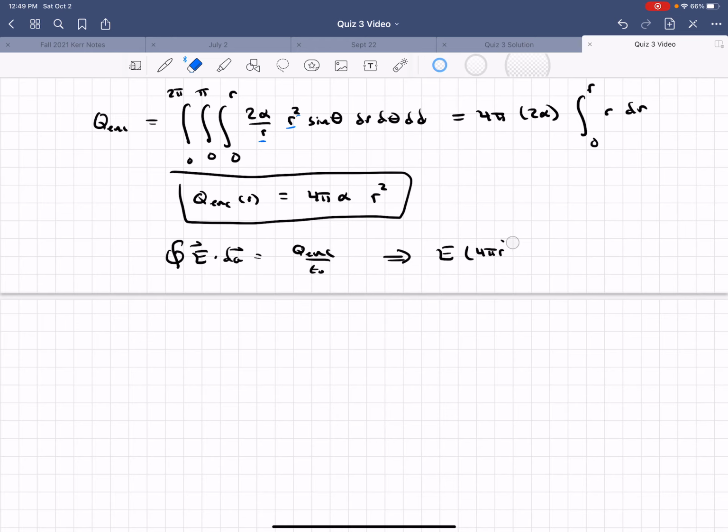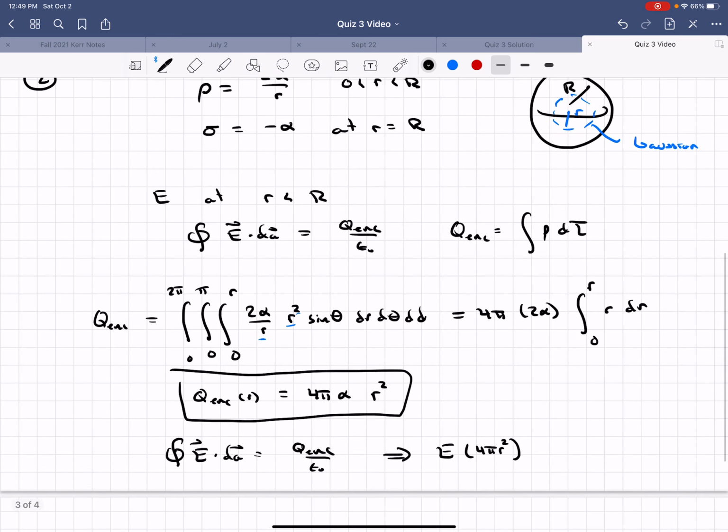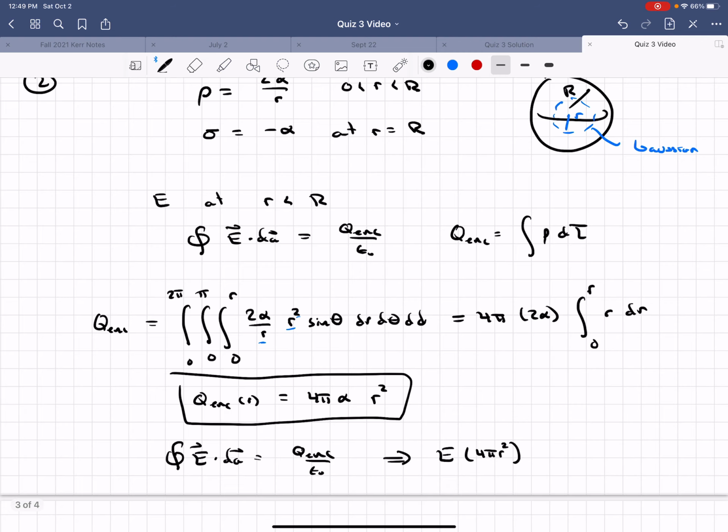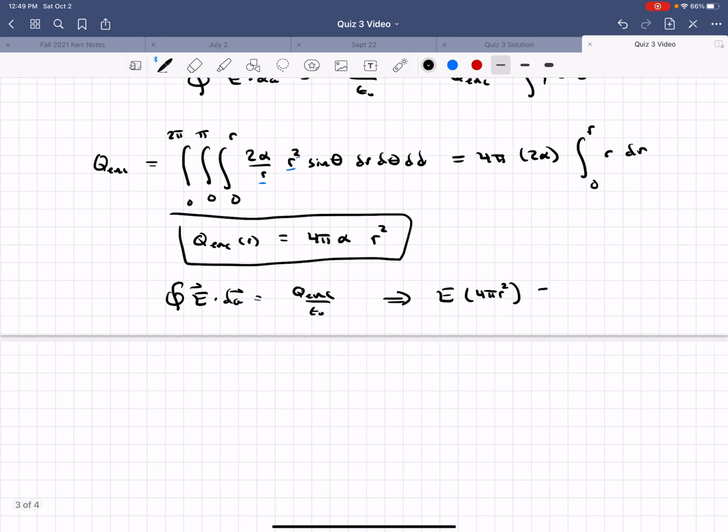The surface area of my Gaussian sphere is 4 pi r squared, because I'm using this blue Gaussian surface at a radius of little r, not the big R. That's my flux integral. On the other side, Q enclosed is 4 pi alpha r squared, divided by epsilon naught.